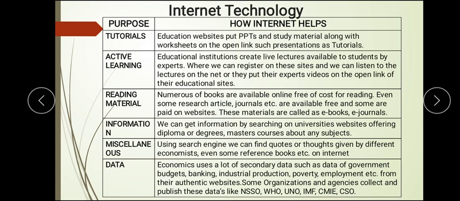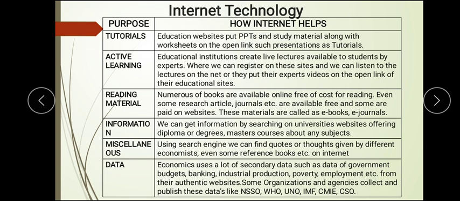Internet can be used for tutorials, because as we are studying how technology is helping in studying economics, tutorials mean PPTs are being made, study materials are being made, worksheets are being made, and these are put on an open link, open source, where tutors present their explanations. Same way as we are learning, teachers are making PPTs, recording the summary of the chapter, and then after it is sent to you. So that is how tutorial things work.